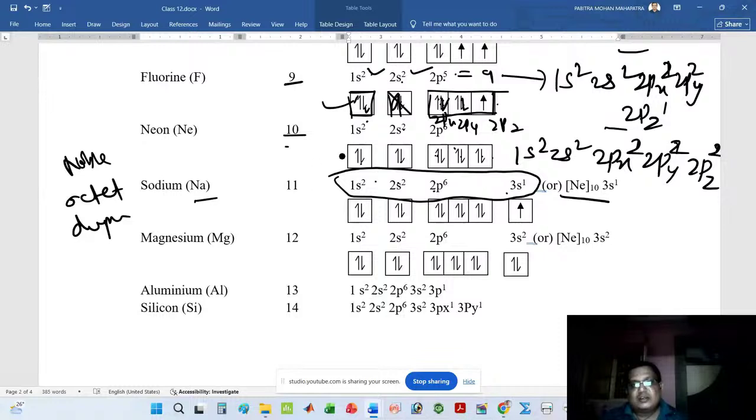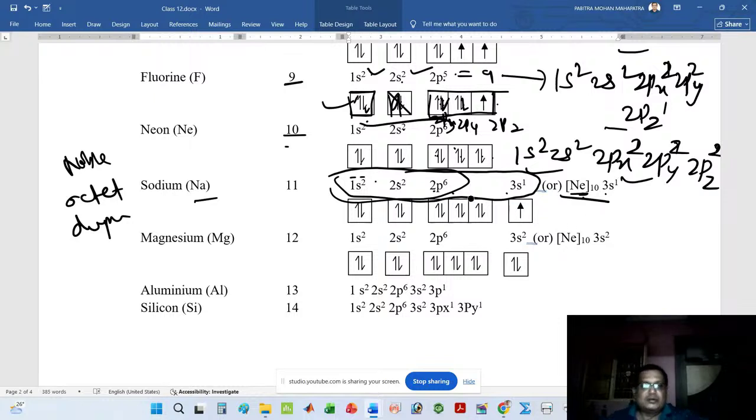Neon has completely filled orbitals, all filled to their maximum capacity. So I have written neon 10. Here 10 means the atomic number, so this is the inert gas. Then the rest is your 3s1.